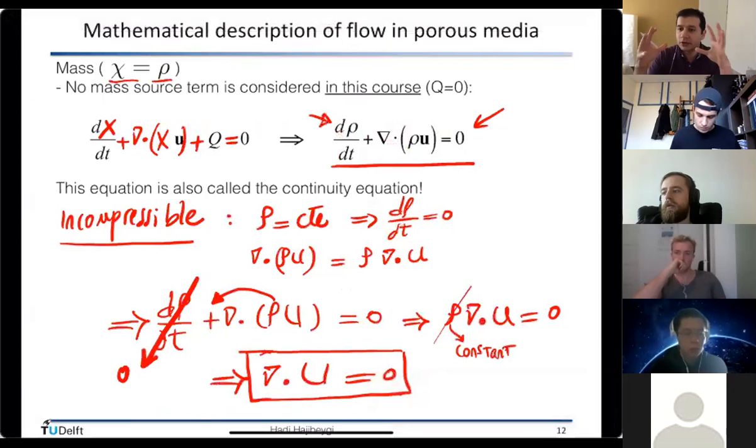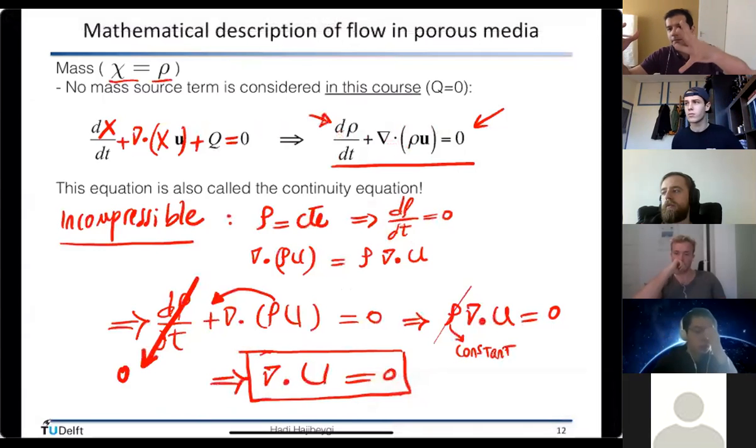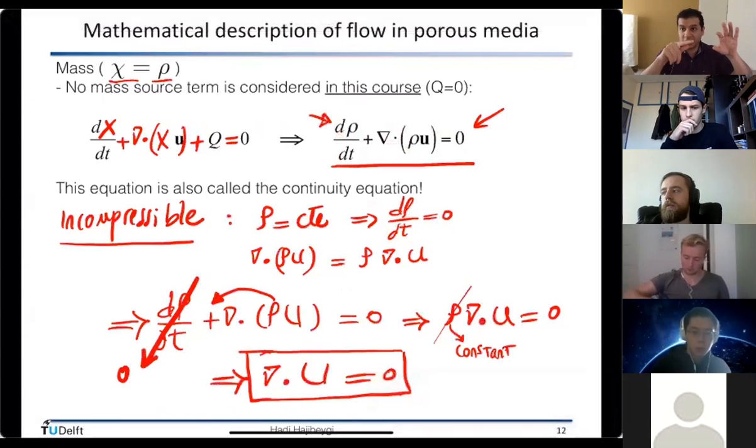Divergence u is 0. I'm going to explain this many more times. It means that whatever leaves my control volume is the same as whatever comes in. Divergence mathematically reads divergence; physically, it means net outgoing.